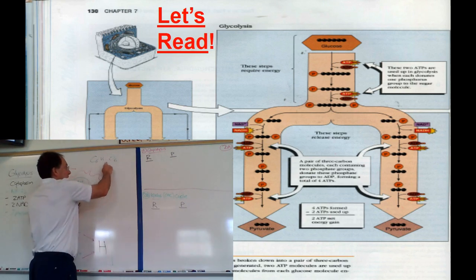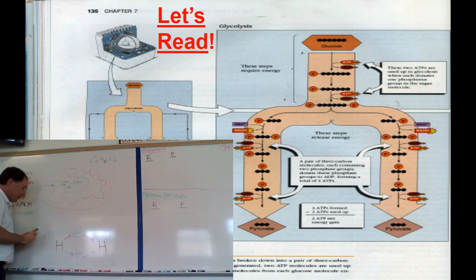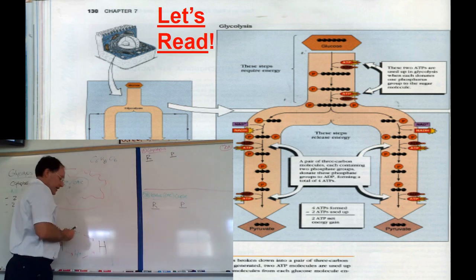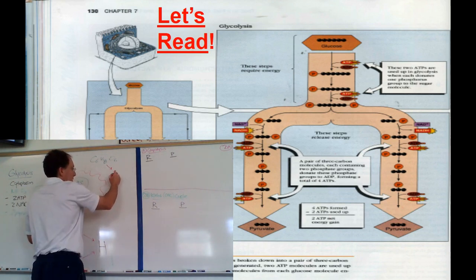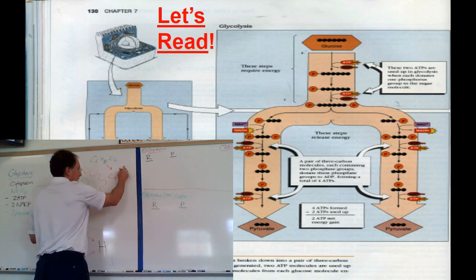So actually this is going to be H8, because there's 2 NADs that are reduced, and each of them took 2 hydrogen atoms in order to do that. So this should be C6H8O6. As far as what I've stripped off this molecule, we know that it's then going to split into 2 things. It should be C3H4O3.